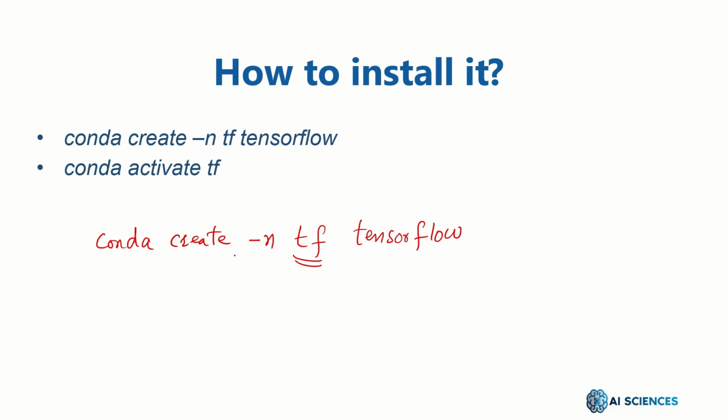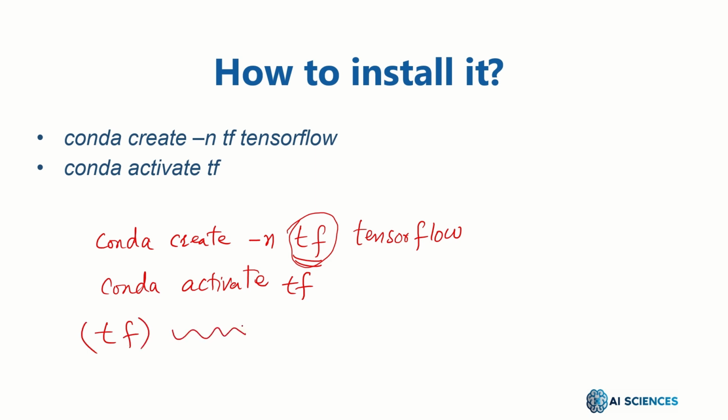It will take maybe a couple of minutes to download and install. Once done, then you can type conda activate TF, or whatever your environment name is, and it will open up this environment.